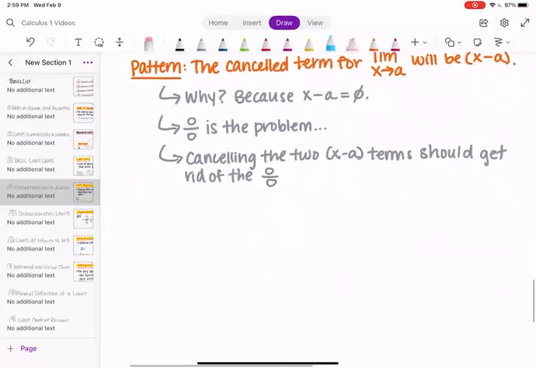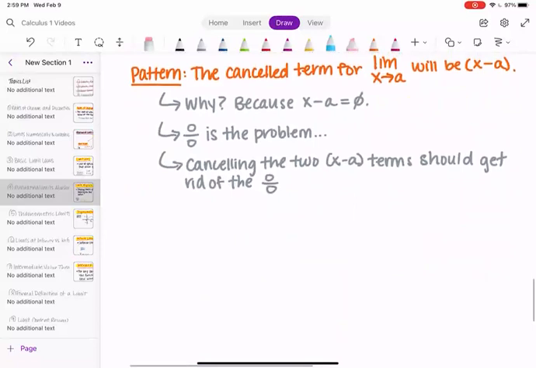So the pattern: the canceled term for the limit as x approaches a will be x minus a. That's what I've said 1,000 times. So why? Again, because that is the thing that's causing that 0 issue. Remember, anything multiplied by 0 is 0. So if you have that term multiplied by a term that would end up being valid, you're going to end up having that 0 over 0 problem, regardless of how many valid things are in there.